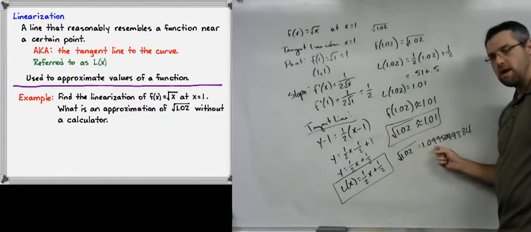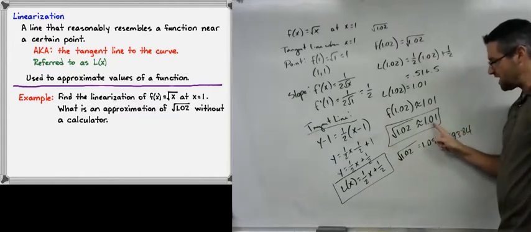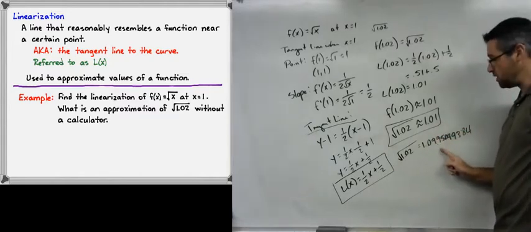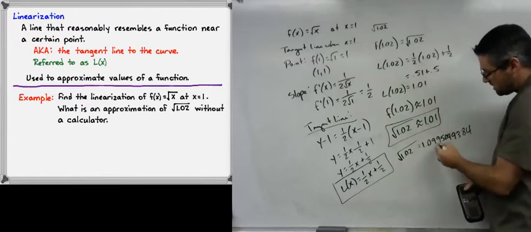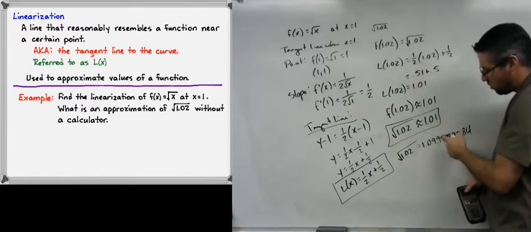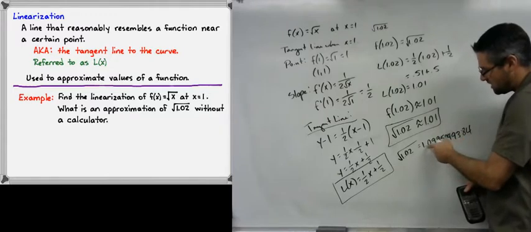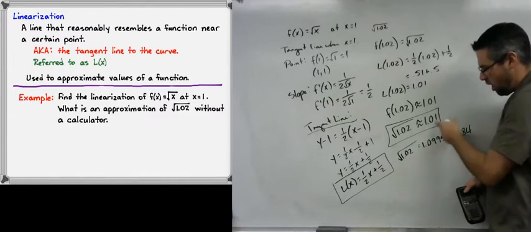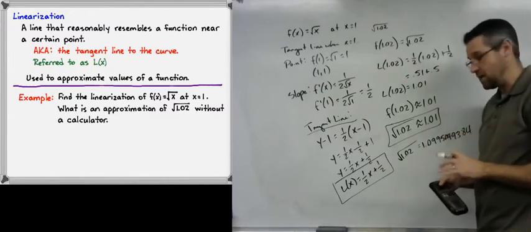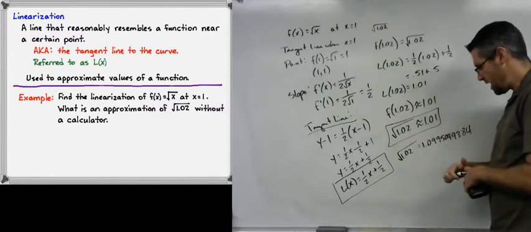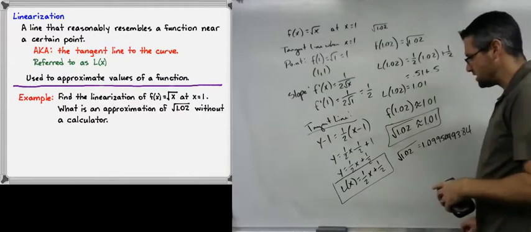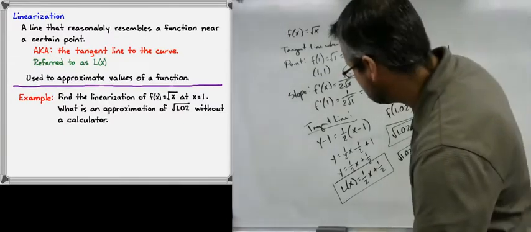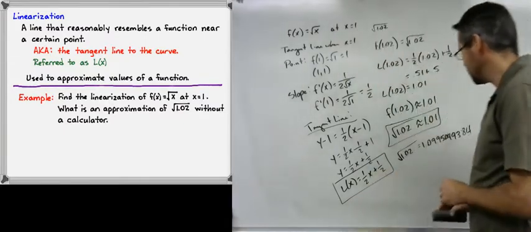Well, if you compare these, you can see that this is really, really close to this. 1.0995, 1.01, this is 0.0005 off. That's really accurate. Okay. So again, it's an approximation. It's not going to give us the exact value, but it will give us an idea.